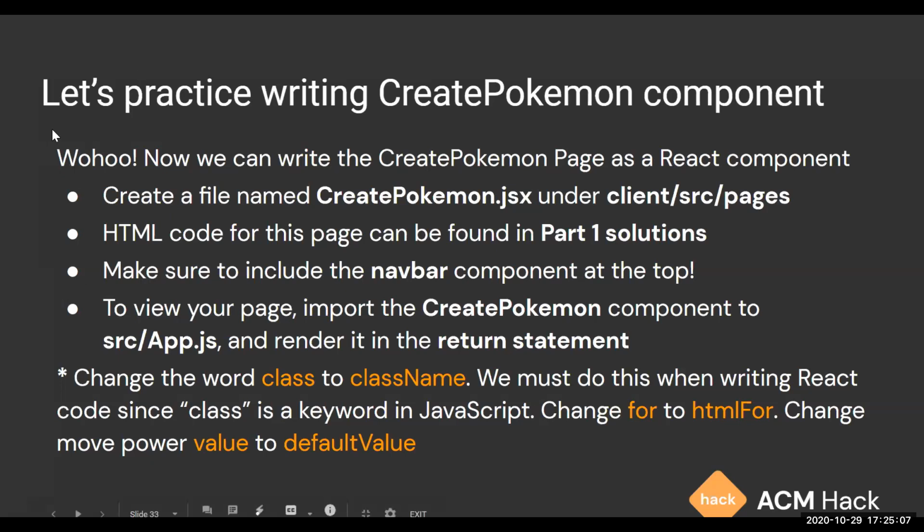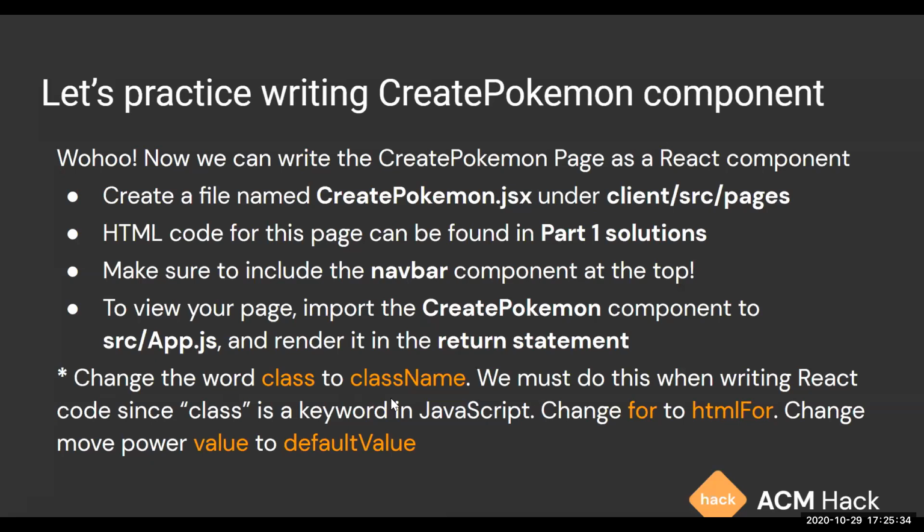As we mentioned before, a page can also be a component. So as you have written the HTML code for create Pokemon in workshop 1, we can turn it into a React component as well. Once you have finished this page, you can import the CreatePokemon component to src/App.js and render it in the return statement.